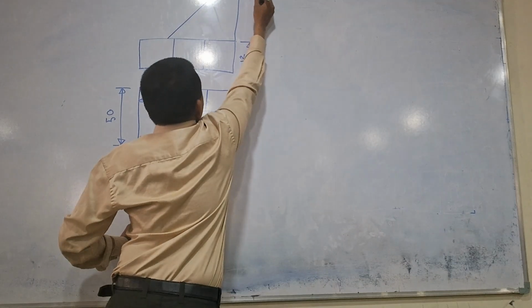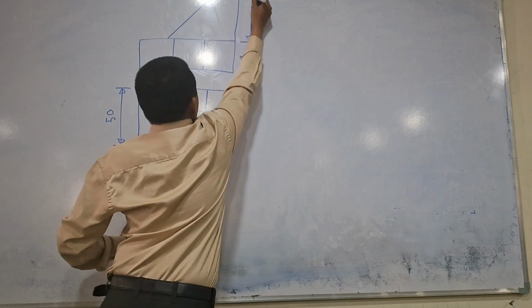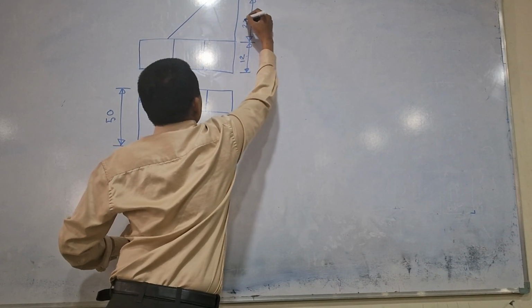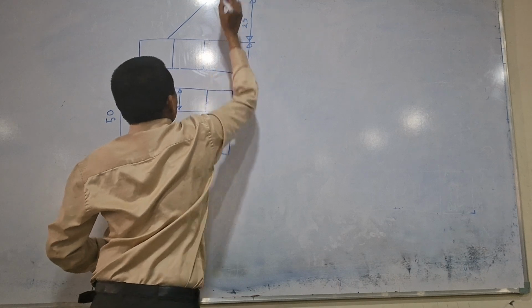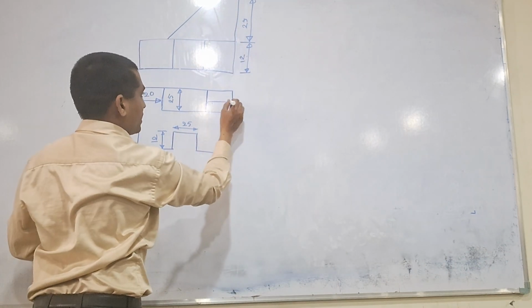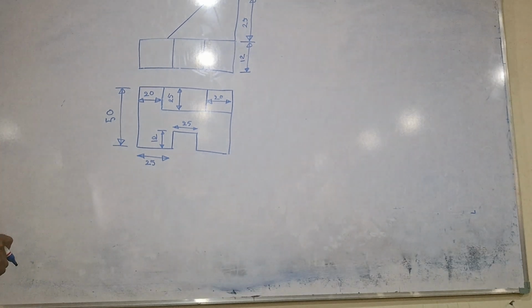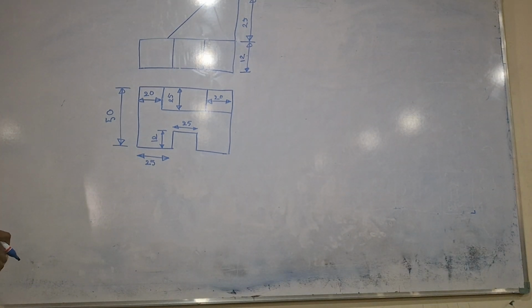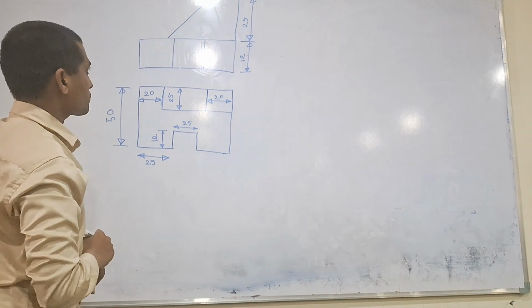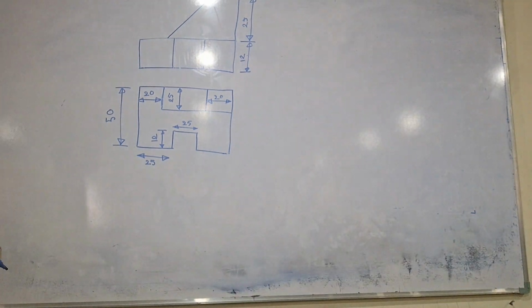So this one is how much? 25, and this is 20. Okay? So it means this one is also 20. Is it correct? See the figure that is given. Correct. Right. Now let us draw.